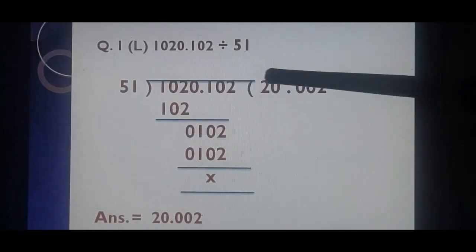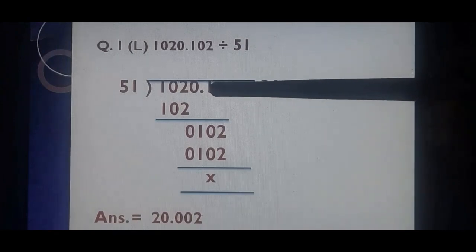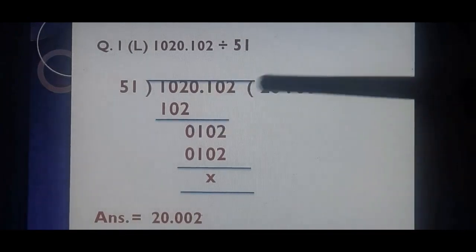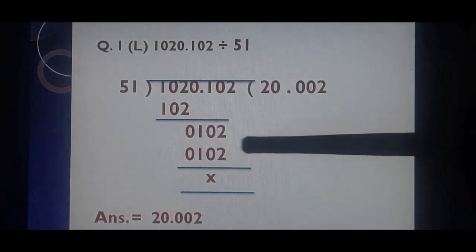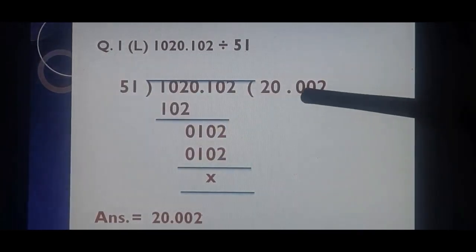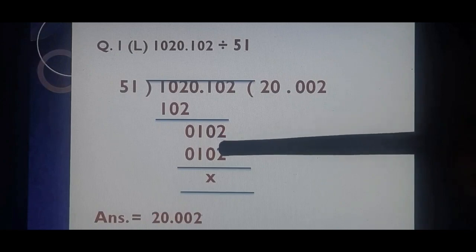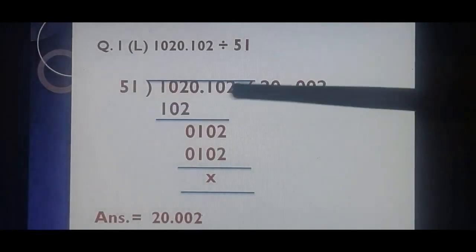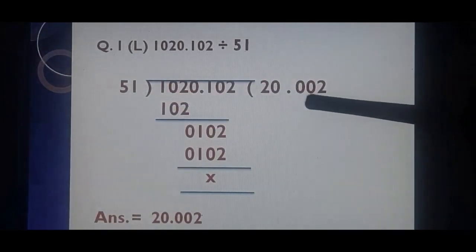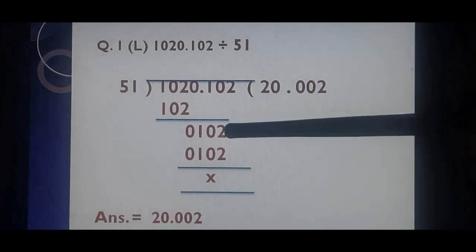Now take the next digit, 0. Less than 51. We will put 0 here. We will take the next digit, that is 1. Again 1 is less than 51. So take 0 and copy the next digit. Now it is 10. It is again less than 51. Put 0 again in your quotient and take the next digit, 2.